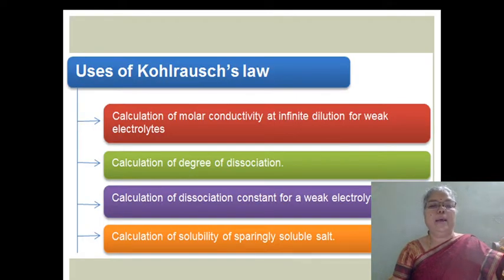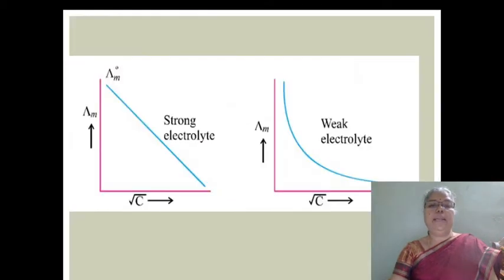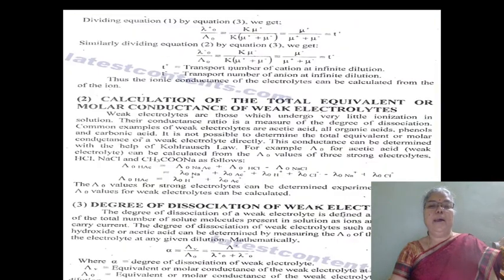Then another application of the Kohlrausch law is the calculation of degree of dissociation and calculation of dissociation constant for weak electrolytes, and the next application is the calculation of solubility of sparingly soluble salts. Let us see how the degree of dissociation is calculated.